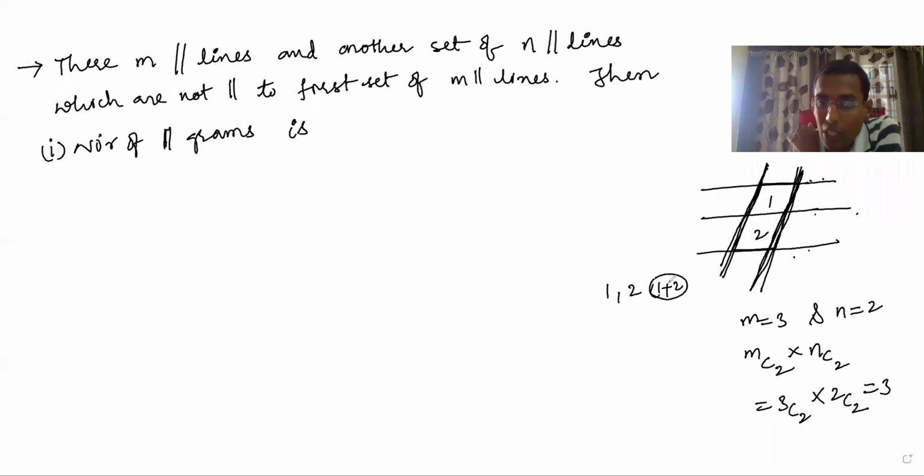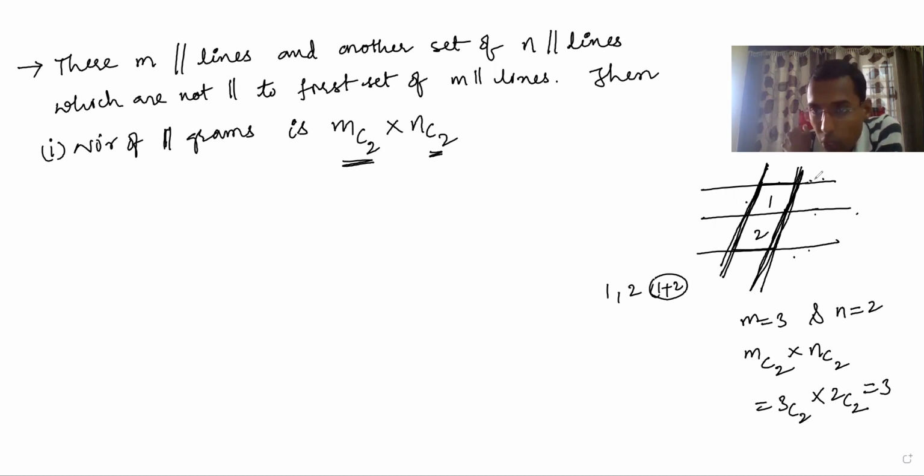If you add, you are going to get another parallelogram. So mC2 into nC2 means from m parallel lines you select 2 parallel lines, and from the other set of n parallel lines, you select 2 more parallel lines, because you need 4 sides, 2 sides opposite and 2 more sides opposite. Therefore, this is the answer.